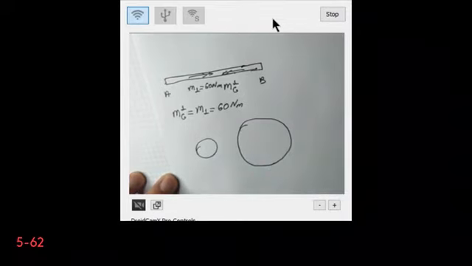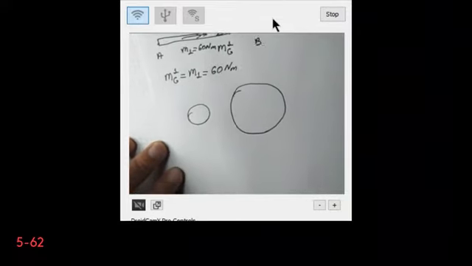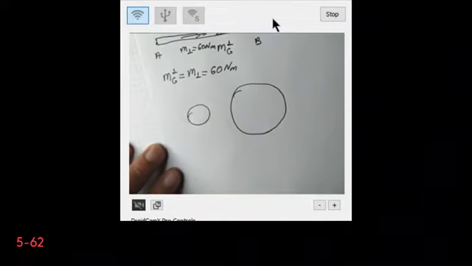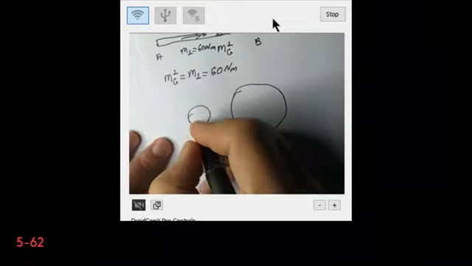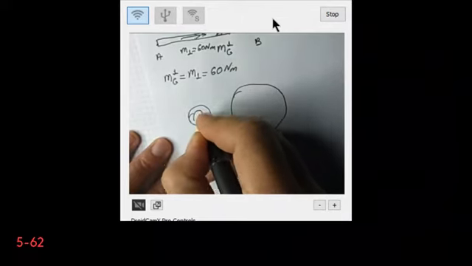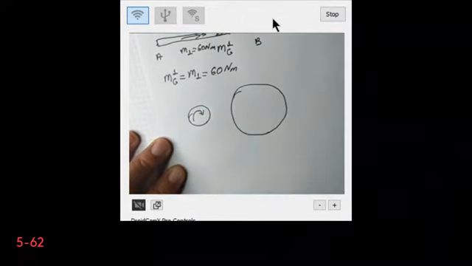Okay. So in my small gear, the direction of the rotation is clockwise.